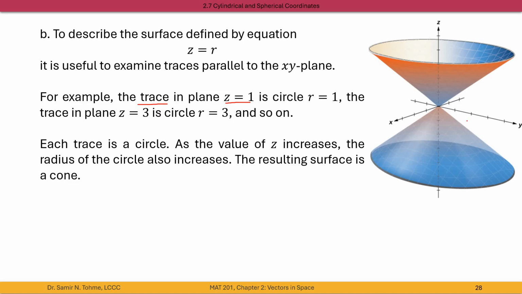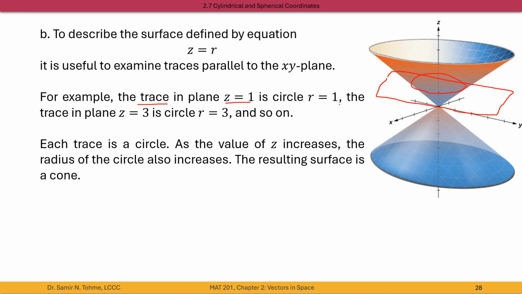You can draw this online, and at z equal to 1, which is right over here, you can draw a plane like this, and you will get a circle. This is 2, this is 1. I think I drew it on 2. That's okay, not a problem. So the intersection of this plane with this cone will give you a circle.